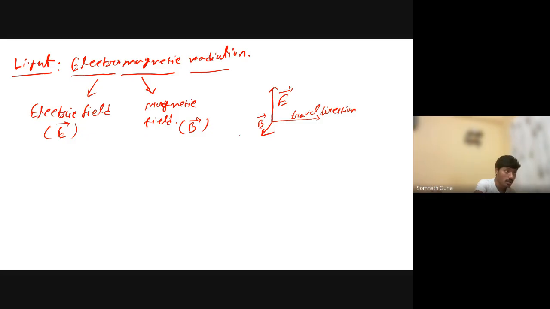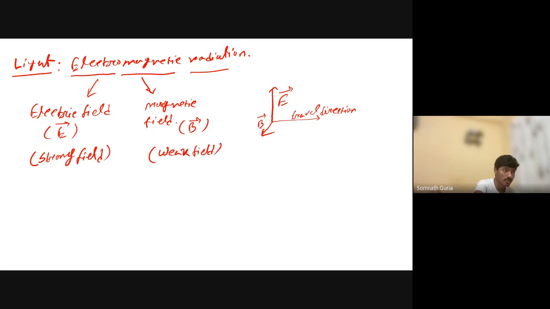And here the more interesting thing is that this electric field is a very strong field and the magnetic field is weak.